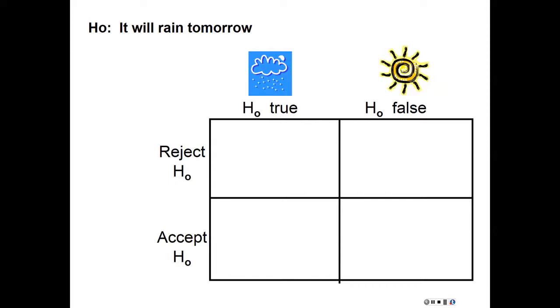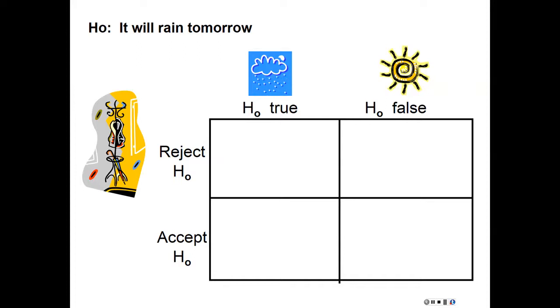If H0 is not true, then the sun will be out. If you decide, based on whatever evidence you choose to look at, either looking out your window, listening to a weather report, hey Siri, what's the weather like today, whatever, if you decide based on the evidence that you think H0 is not true, then you have rejected H0.